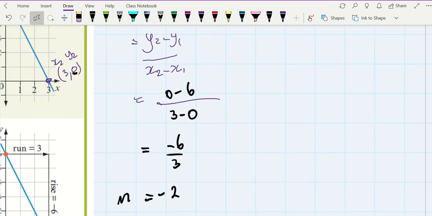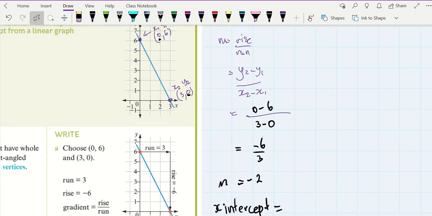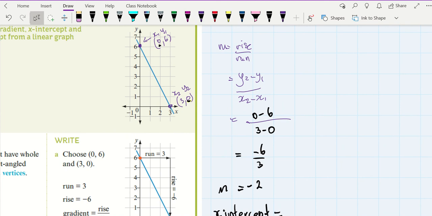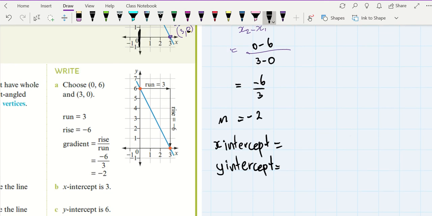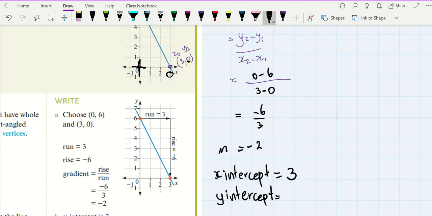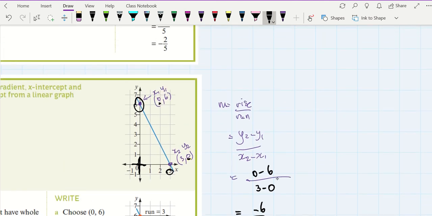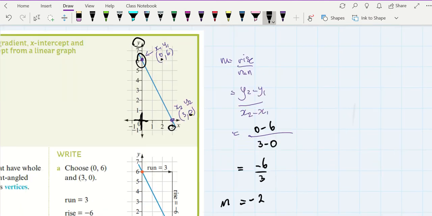So remember, that's where the line crosses the x-axis, because this is our 0 on the x-axis. And so what do we say? That our x-intercept is 3. So we're crossing our x-axis here. And then crossing our y-axis, this is our y-axis at positive 6.